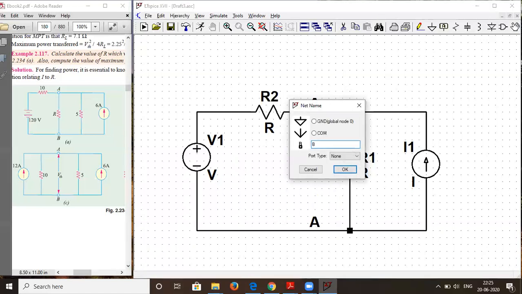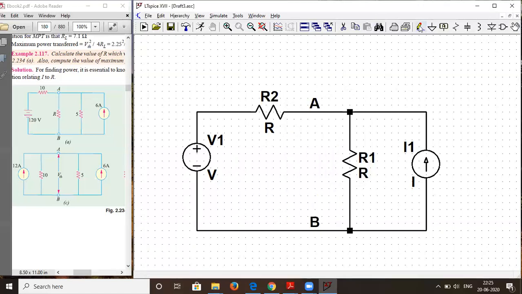So this is my node B, and I'll connect the ground now. So this is the ground. Now we can connect a resistor for the time being between A and B, but eventually we will have to remove it because we need to find a Thevenin's equivalent circuit first.